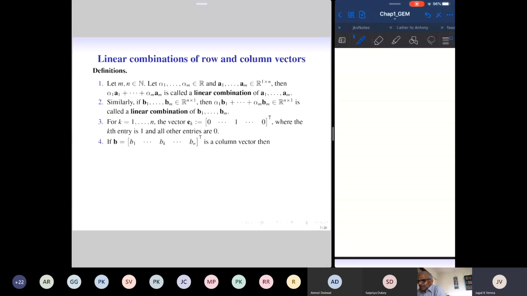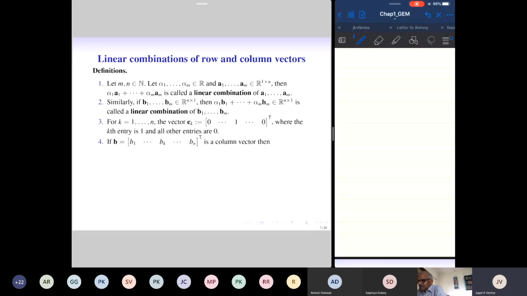And if we have an arbitrary column vector, so now you see I have changed. I'm not writing the column vector as a column, but as a transpose of a row vector. So B is a column vector with components B1, B2, up to Bn, but I'm writing it as a transpose of a row vector simply to save space.